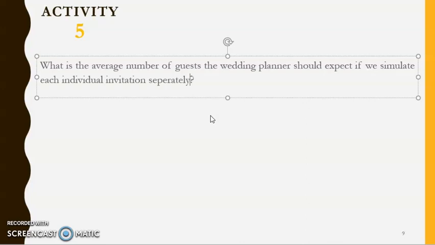All two RSVP all together, the 61, and the ones without answer, with no response, all together. But here we are going to do it independently, and we are going to simulate each invitation.